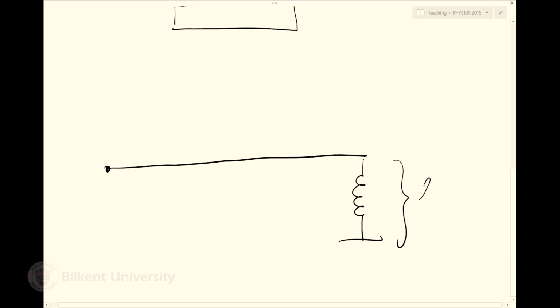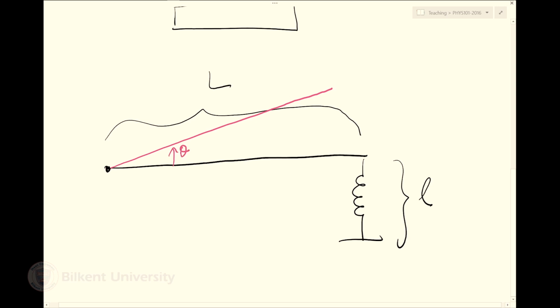And if this length is L, that length is, let's say, capital L. When I turn this guy by a large angle theta, the spring will also start to make another angle here, right? And it's not going to be easy to calculate how much the spring has actually extended. Also, the direction of the force here is not easy to calculate.